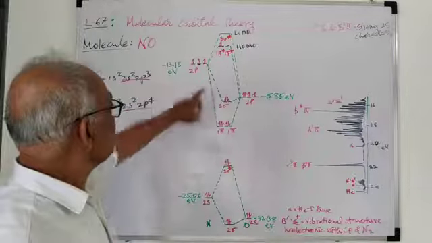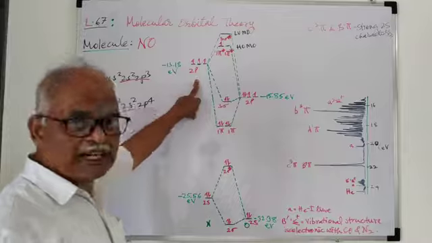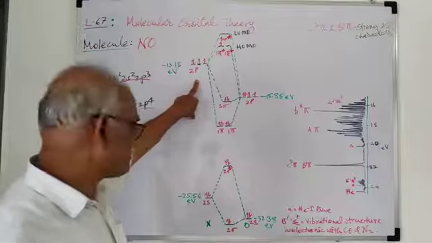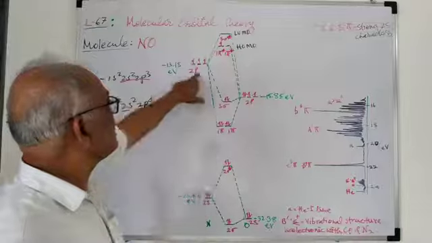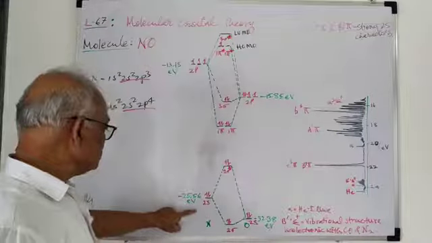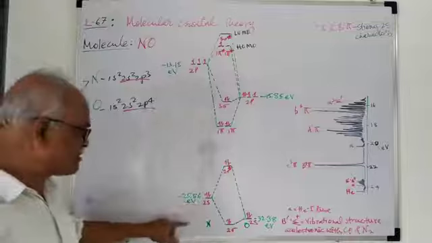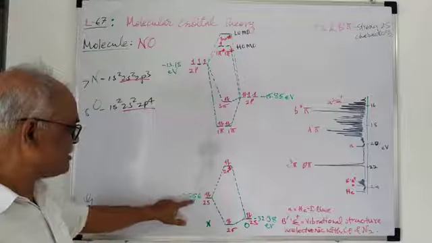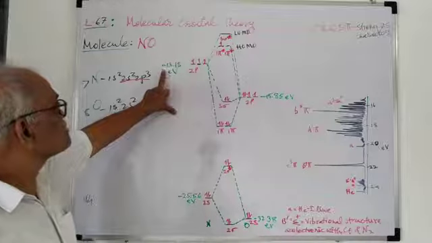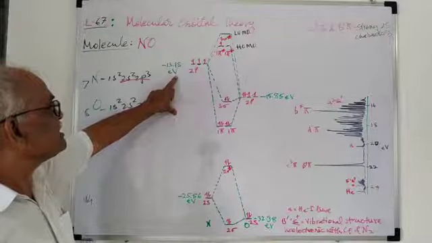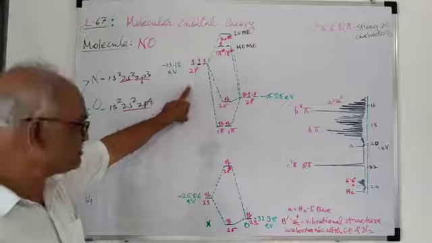The 2s and 2p are provided in the valence shell by nitrogen. 2s contains 2 electrons, 2p contains 3 electrons. The energy of the 2s of nitrogen is minus 25.56 electron volts. The energy of the 2p is minus 13.18 electron volts.